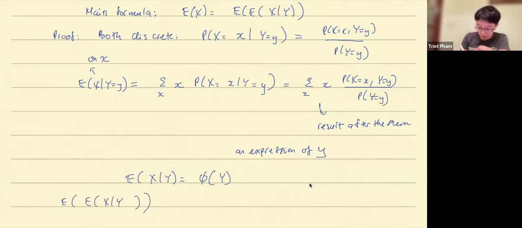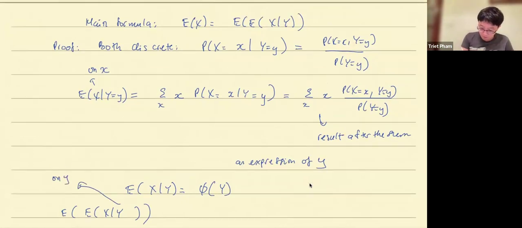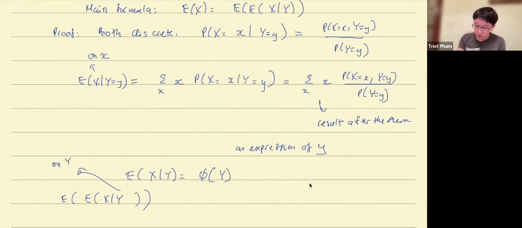The outer expression is on the y, so on big Y. The reason is because, after you do this, the result after the sum is going to be an expression of y.